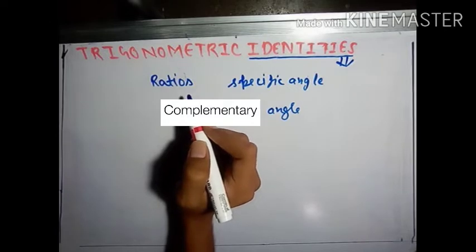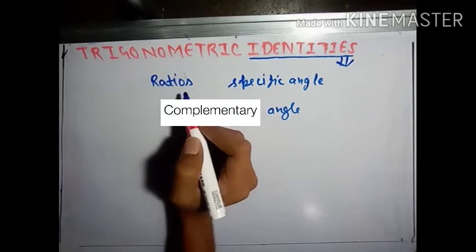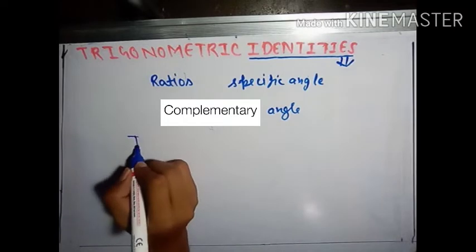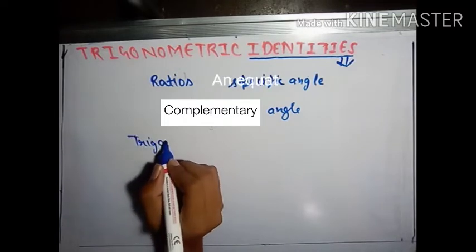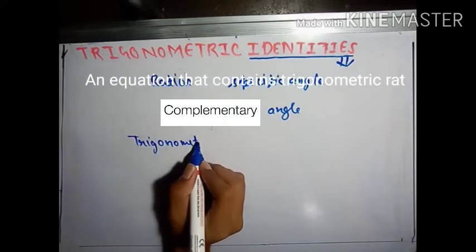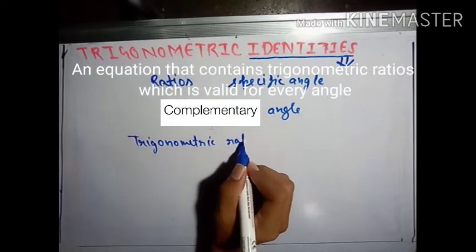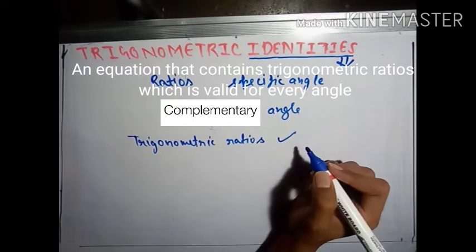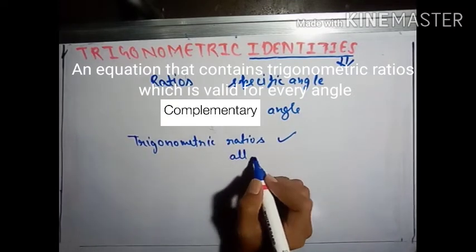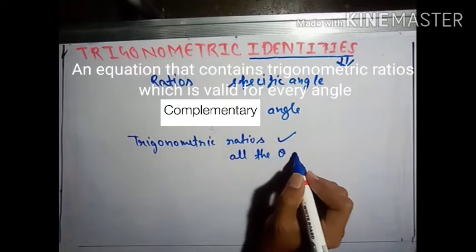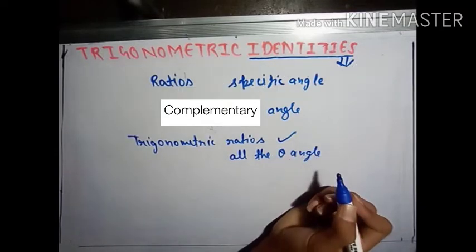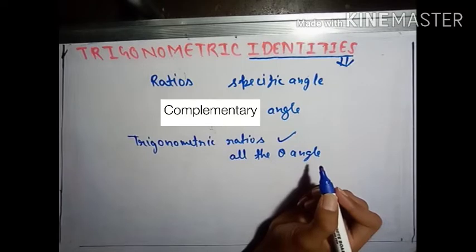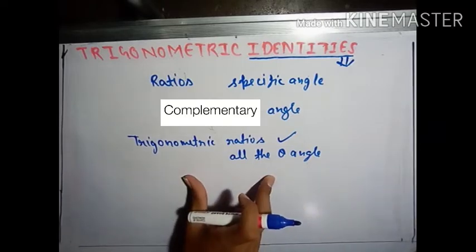Trigonometric identities means an equation that contains trigonometric ratios, and if the equation is valid for all theta angles, in that case we can simply say that the equation is an identity. So do you understand this? No, I don't think so.